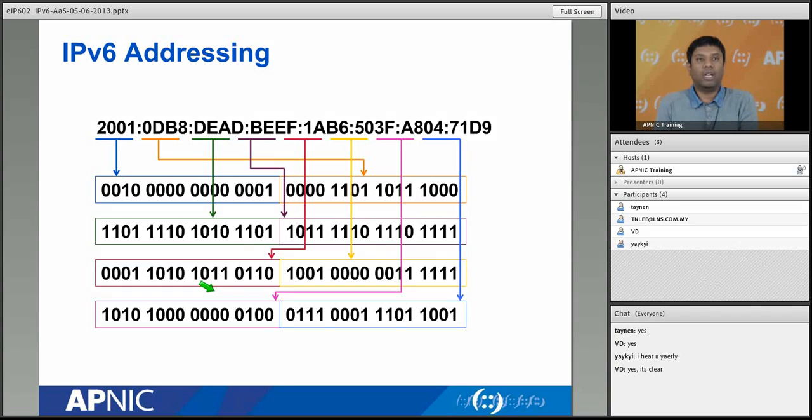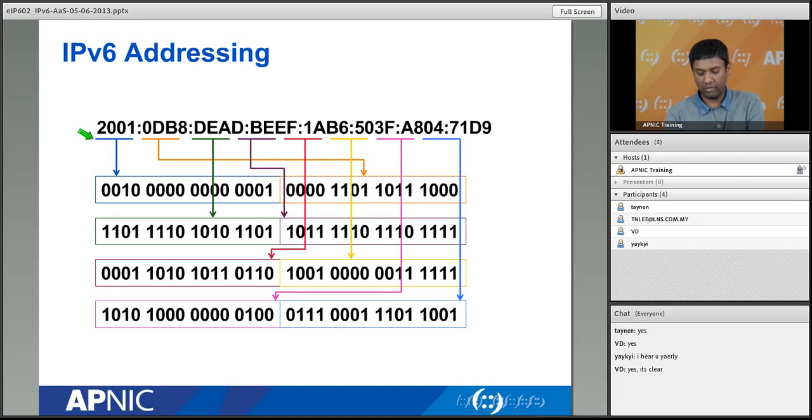So now if we see the IPv6 address, that is how we represent the whole IPv6 address in 8 blocks. For an example, if you take an example address like 2010BB8:DEAD:1AB6:503F:A804:71D9, all 8 blocks we can convert into binary.